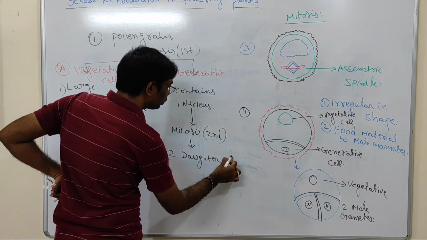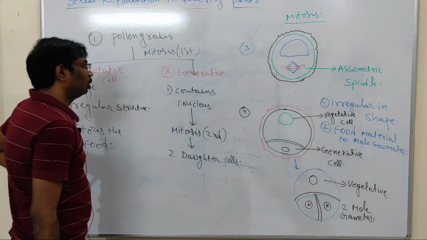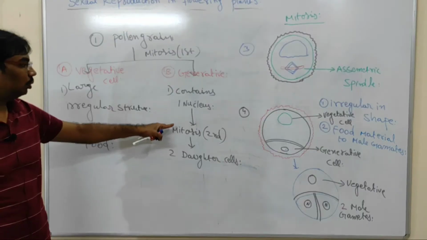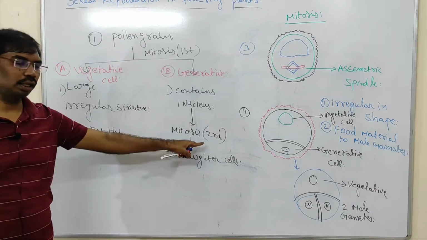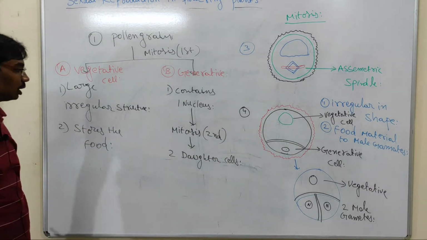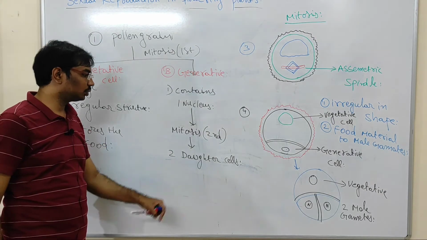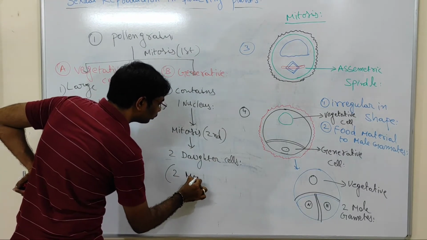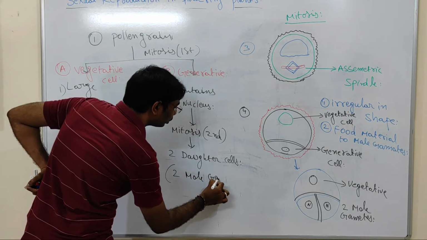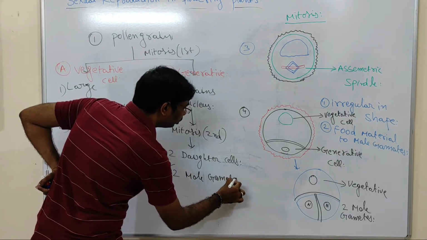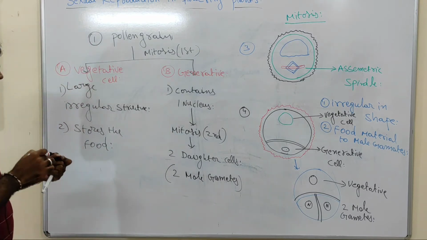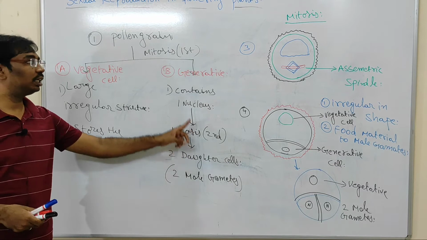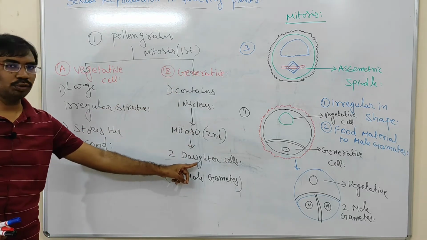Those two daughter cells are called two male gametes. So how many mitoses are responsible for the formation of two male gametes? Two mitoses are needed for the formation of two male gametes.